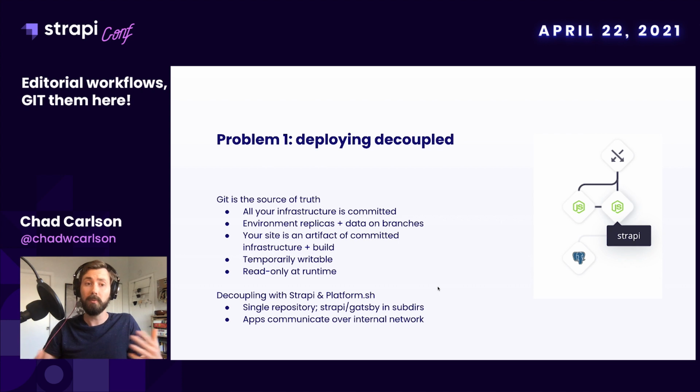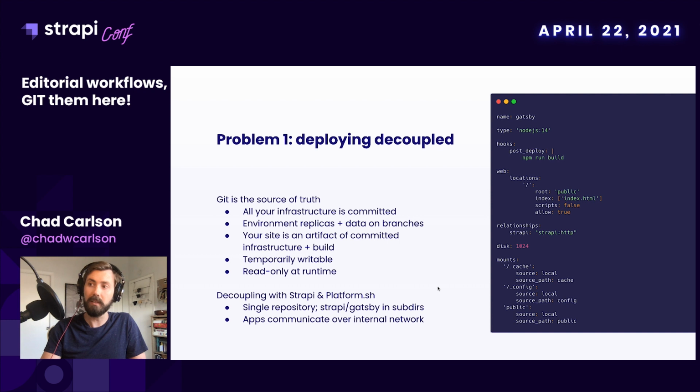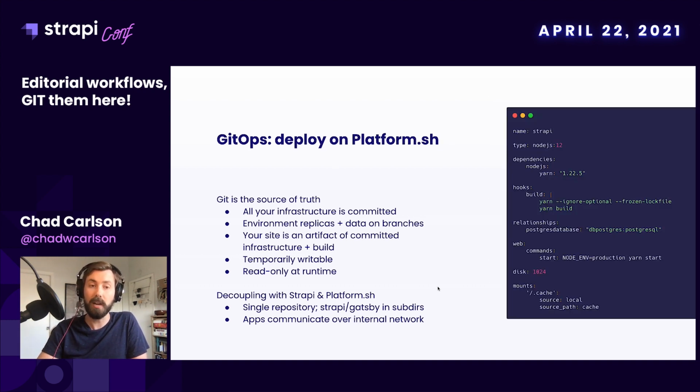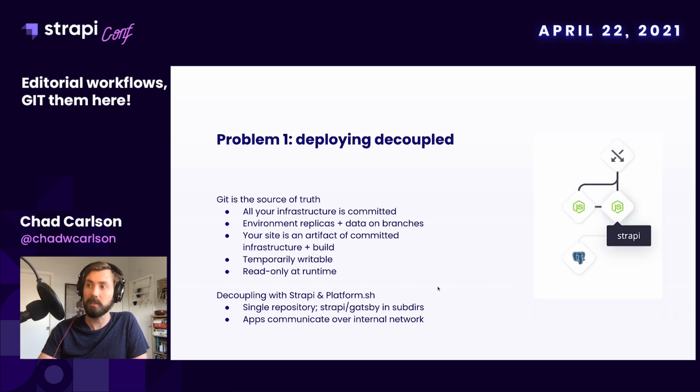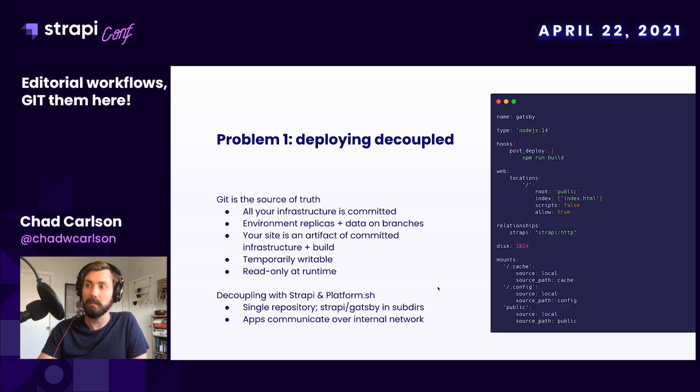And then when they deploy, we have our container cluster that has within it itself an internal network that those 2 can communicate with each other on. So in this case, Strapi is going to serve this API that we're going to define out, and then Gatsby can communicate over, I believe I have it here, a relationship. So in the same way that we had a relationship for Strapi to our Postgres database where we're storing all of our actual content, we have another one directed towards the Strapi app container that is going to be accessible for Gatsby.